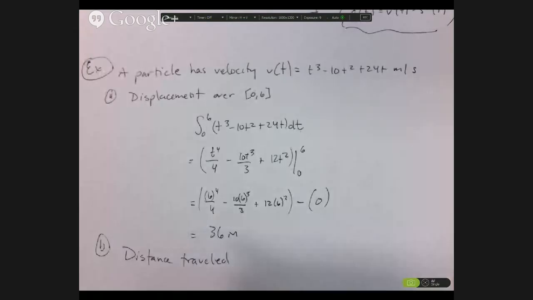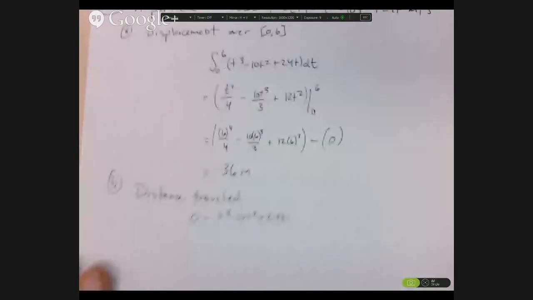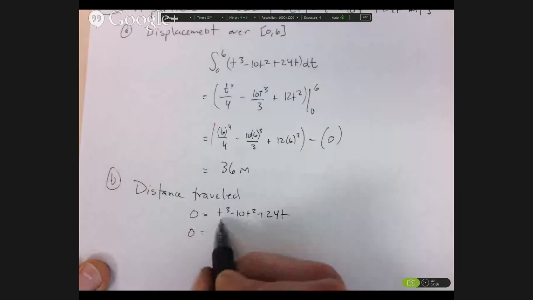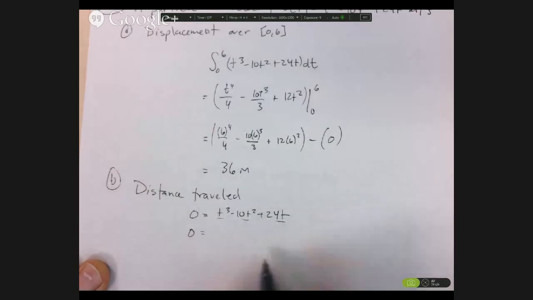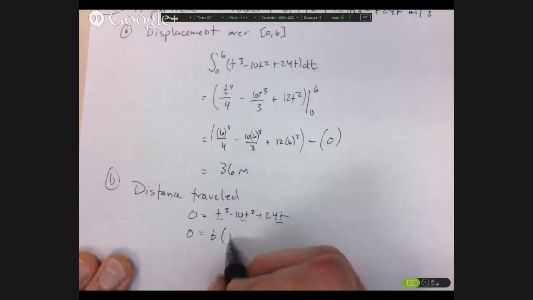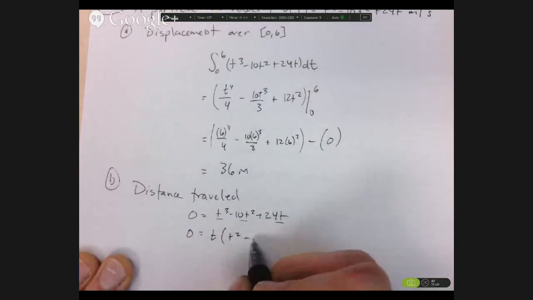So we're going to set velocity equal to 0 and solve for where it changes direction. Algebra, factor a t out, with just the original equation.